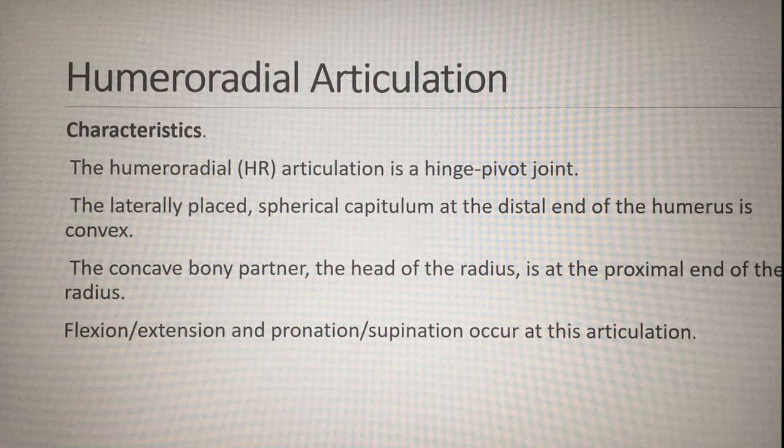These two most congruent surfaces, concave and convex, make up the humero-ulnar articulation, and the primary motion at this articulation is flexion and extension. So we have discussed the characteristics of the humero-ulnar articulation, where convex and concave congruent surfaces make it up, and the primary motion is flexion and extension.